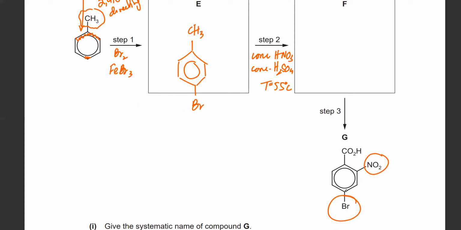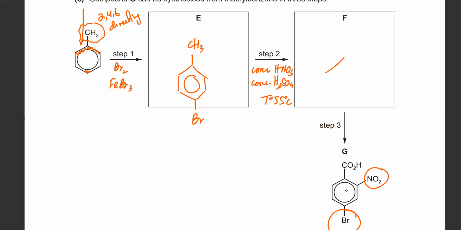And if you do that, so again, the methyl group is a 2,4,6 directing group. So the NO2 might get attached to the carbon on the 2nd one. That's the place that's left. Although there would be multiple other options that would be produced, but that is a possibility.